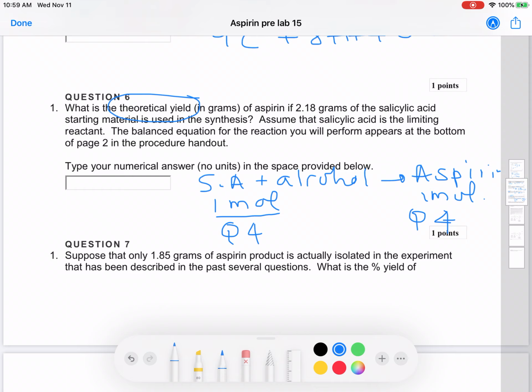So if you know the number of moles and you also know the molar mass of aspirin, we can find out the theoretical yield. So what you need to do is take the number of moles, the question 4 answer, that's going to be in moles. Okay.